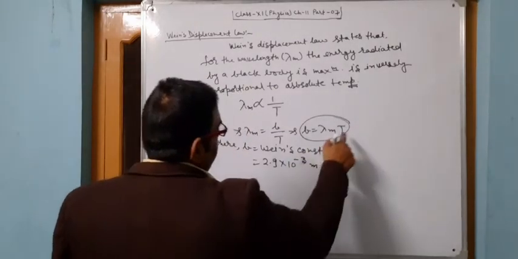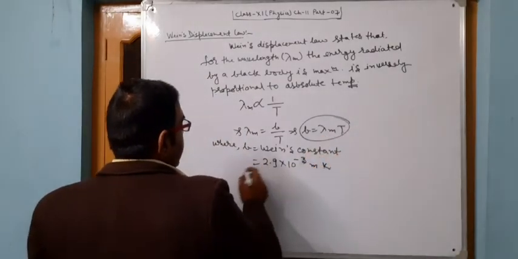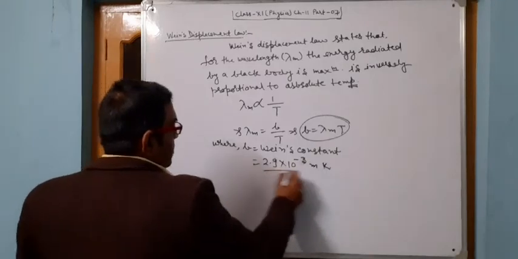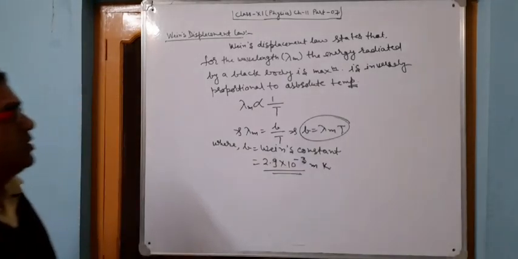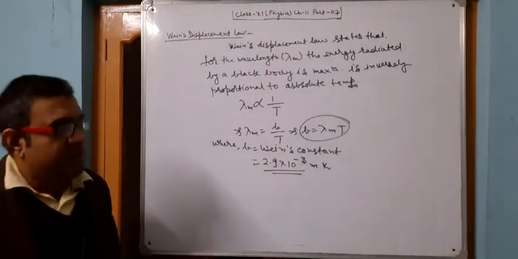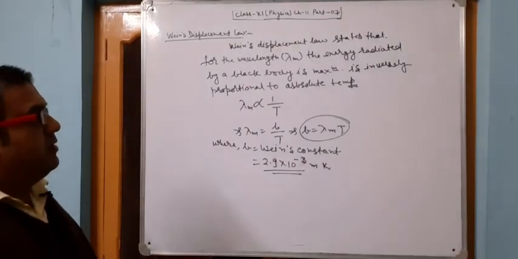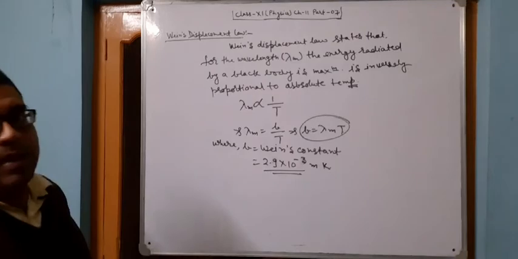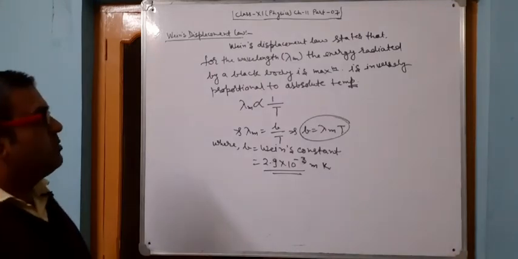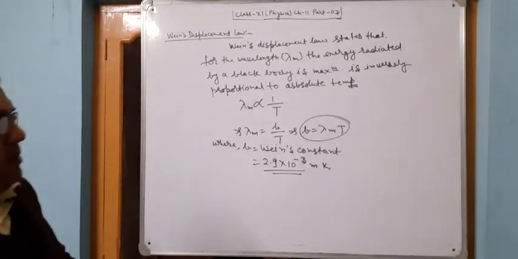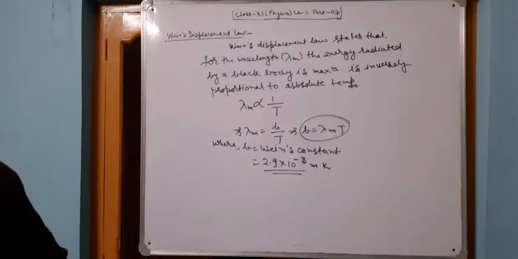Clear? Meter Kelvin, wavelength in meter, so it is the value of Wien's constant. So Wien's displacement law states that for the wavelength, the energy radiated by a black body is maximum, and it is inversely proportional to absolute temperature.